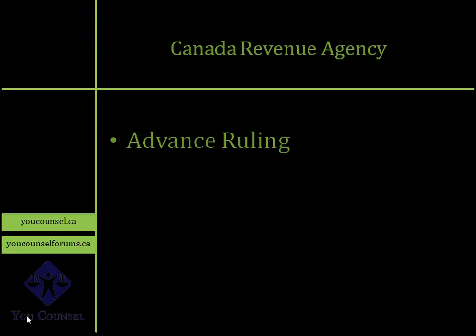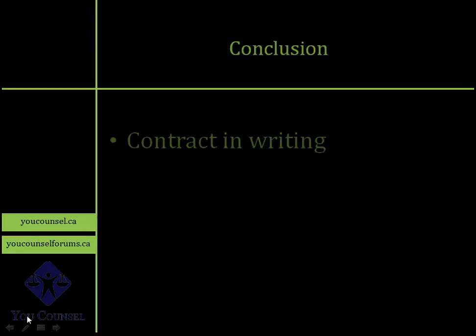Can you provide us a ruling whether you would treat this relationship as an employee-employer relationship, or would you accept the notation of independent contractor? And you can get that advance ruling, and with respect to CRA matters, you can rely on it. So those are some of the things that you want to keep in mind with respect to nanny contracts.